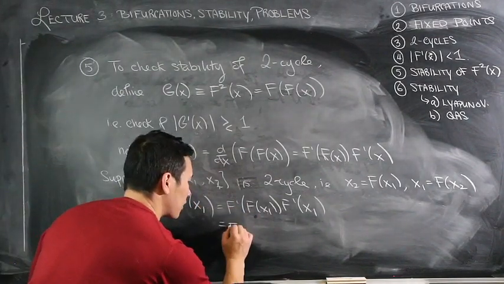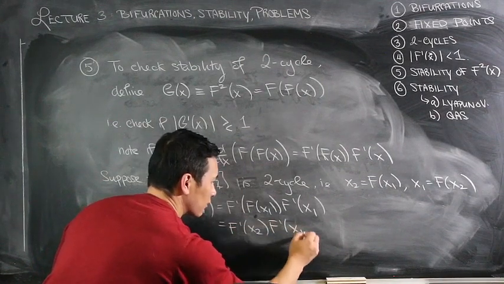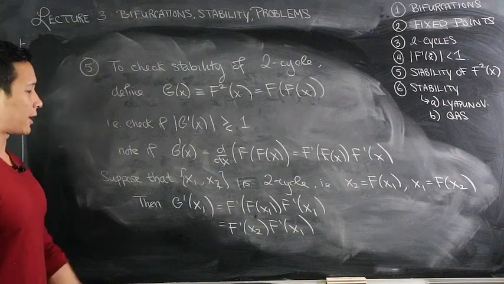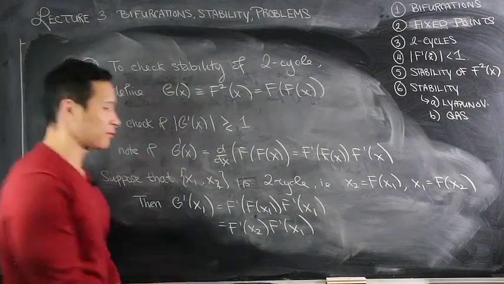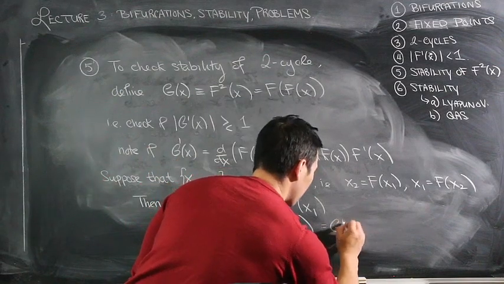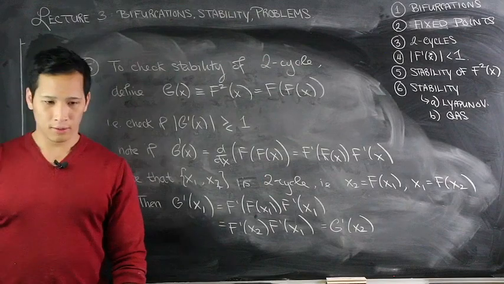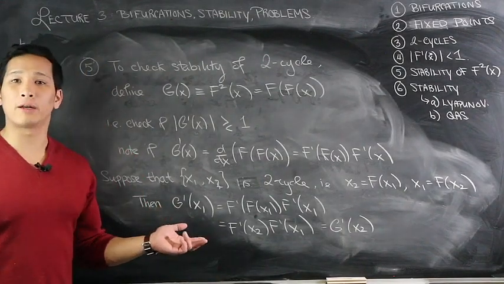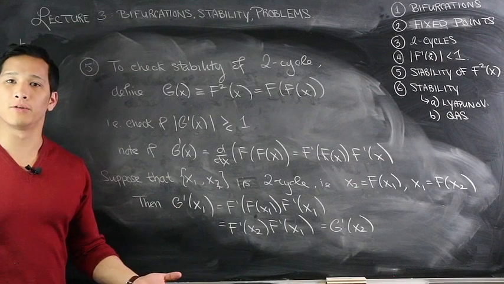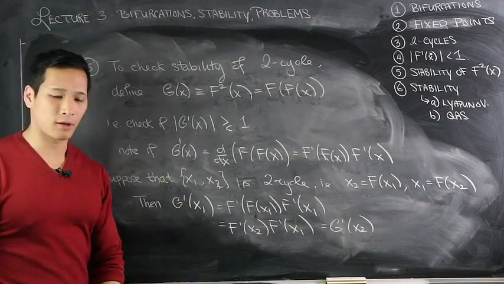So this is f prime of x2 times f prime of x1. And had I done the same calculation for g prime of x2, I'd get the same thing. So what do you conclude? Well, you conclude that it doesn't matter whether you check the gradient of g at x1 or x2, you get the same value, and so you only have to check one of them. Okay?